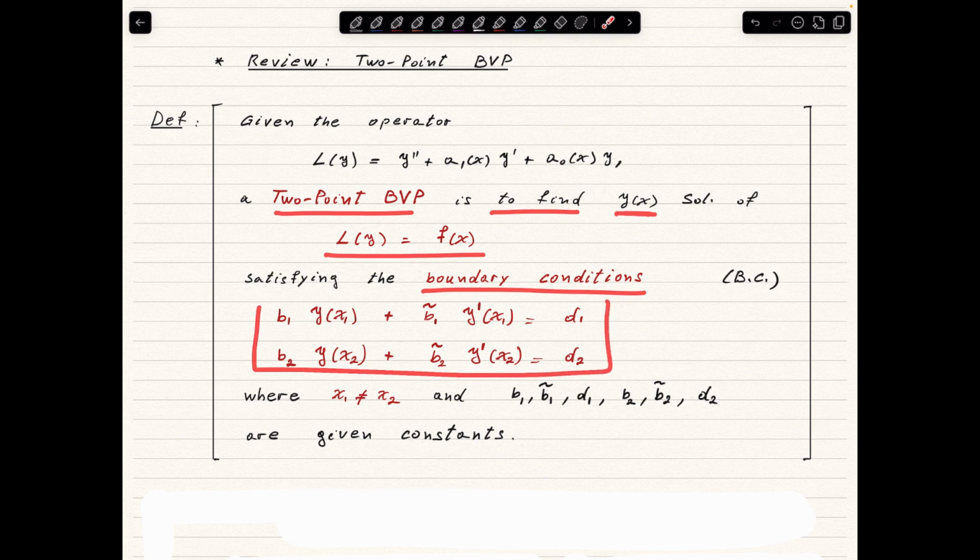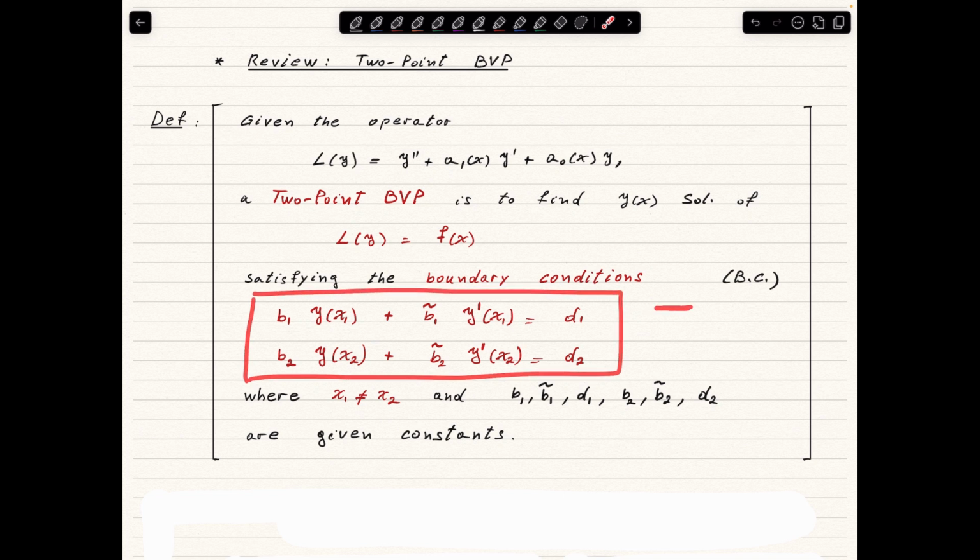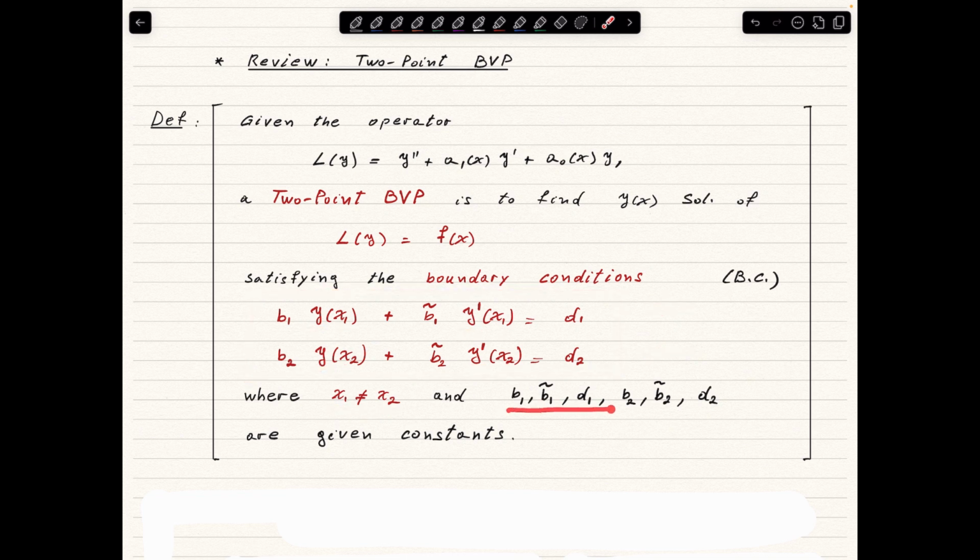So the differential equation contains the differential operator and a given source function, and the boundary conditions are 2 equations. The first equation contains the values of the function and the derivative evaluated at a particular point x1, while the second condition contains the values of the function and the derivative evaluated at the second point x2, and x1 and x2 are different. And all these are given constants.